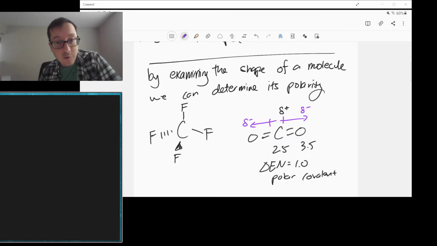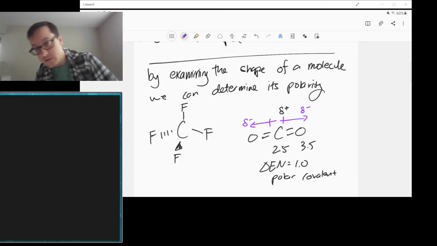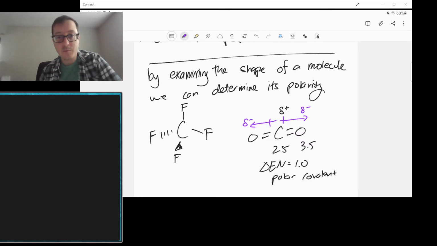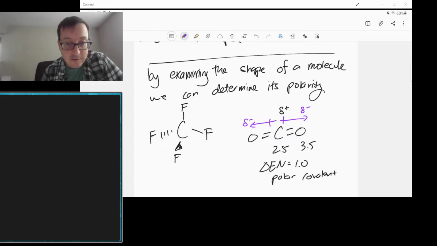And we're going to see overall, those oxygens are going to be pulling equally on carbon. One is pulling the electrons to the right, the other one is pulling the electrons to the left. Each oxygen is identical, right? They would have equal affinity for these electrons, equal electronegativity.